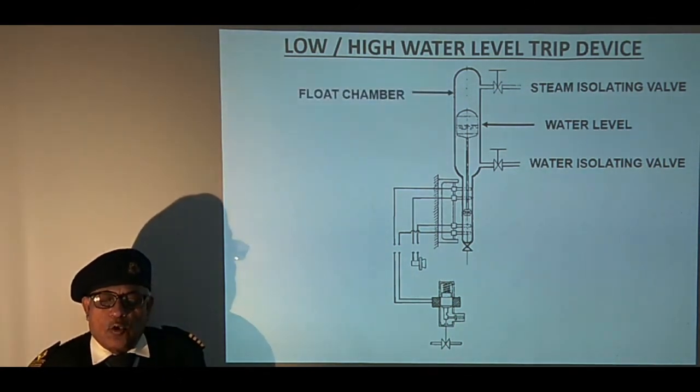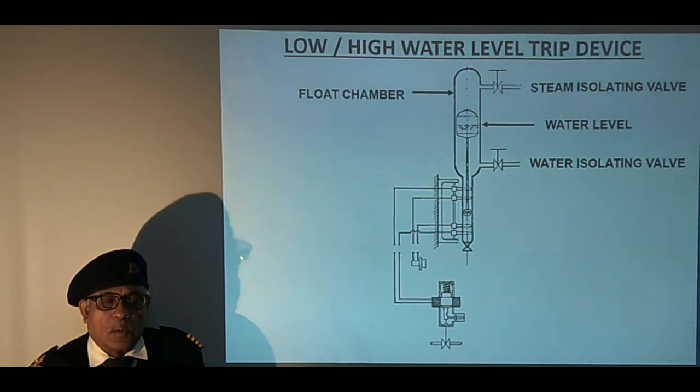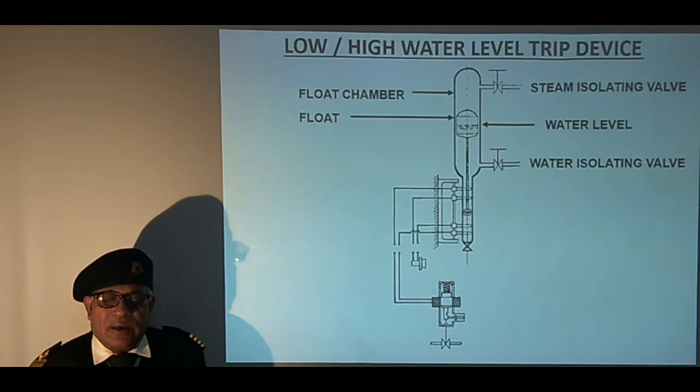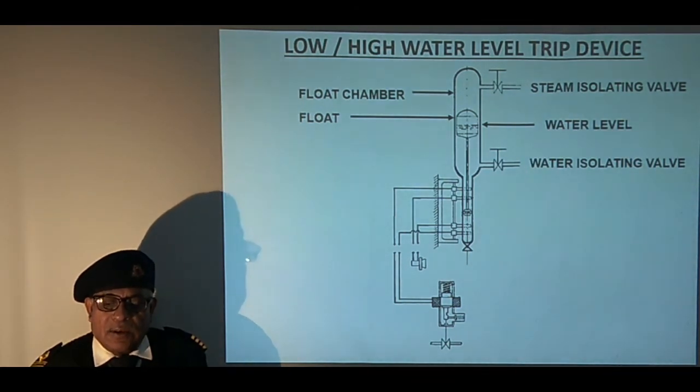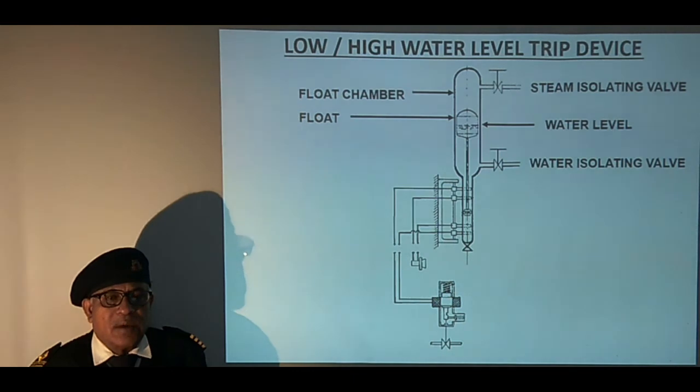It consists of a float chamber in which the float follows the movement of water. The float consists of a magnet at the end of the stem which operates the magnetic switches on the principle that opposite poles attract each other and the same poles repel.